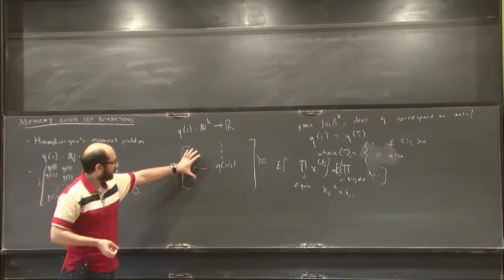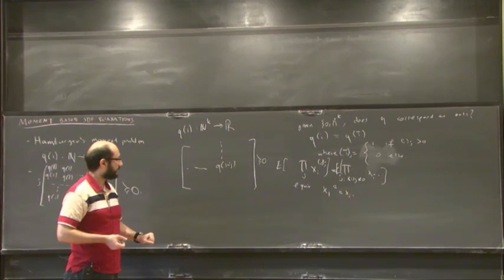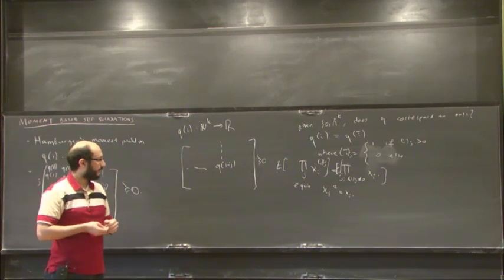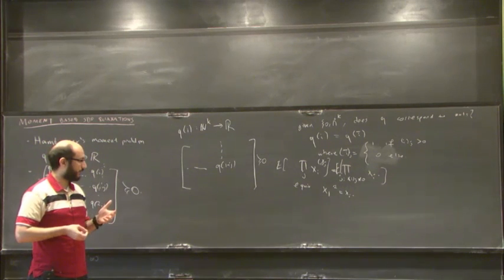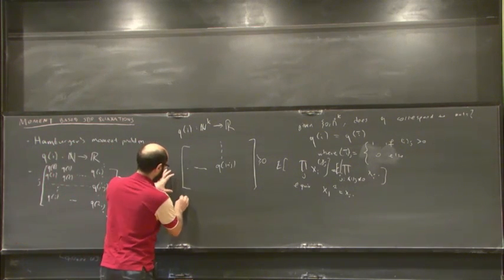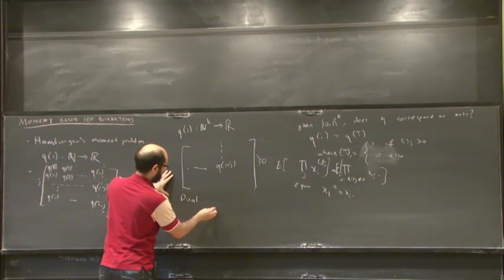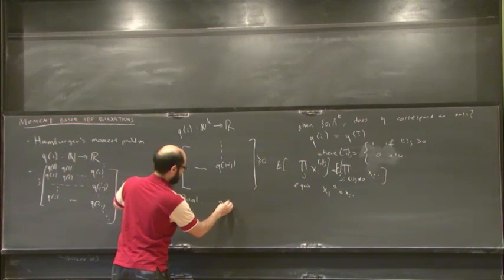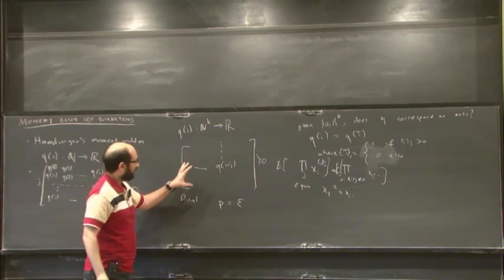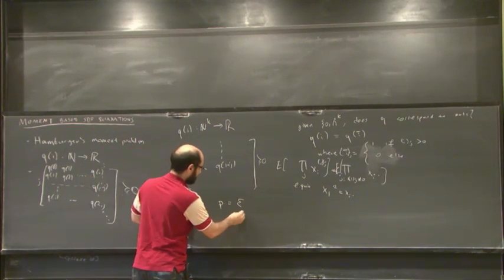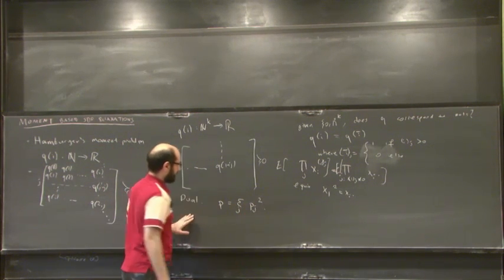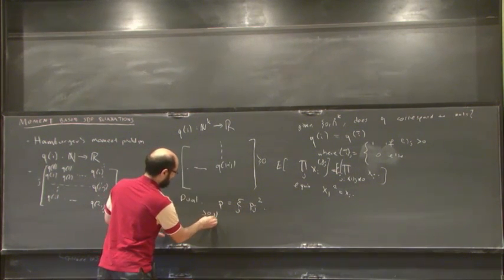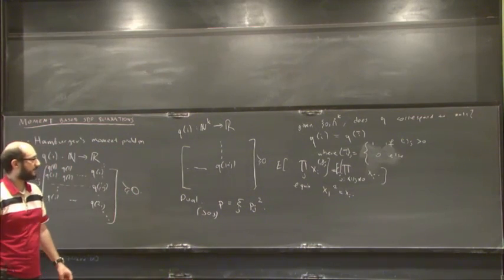And in that case, for example, the dual of this moment problem corresponds to polynomials P which are of the form sum of P_j squared, sum of squares type polynomials.